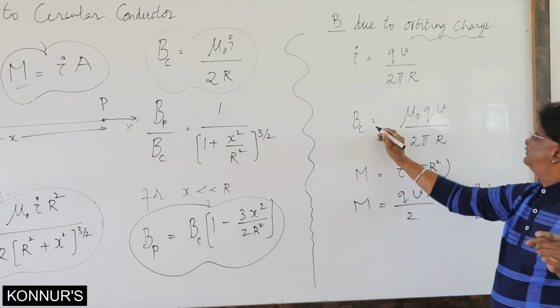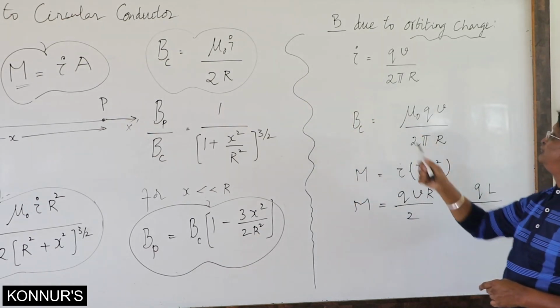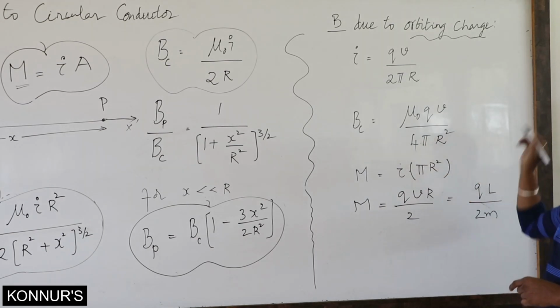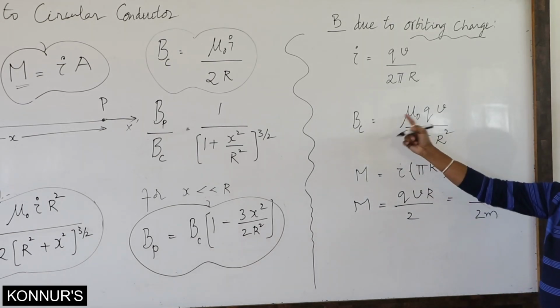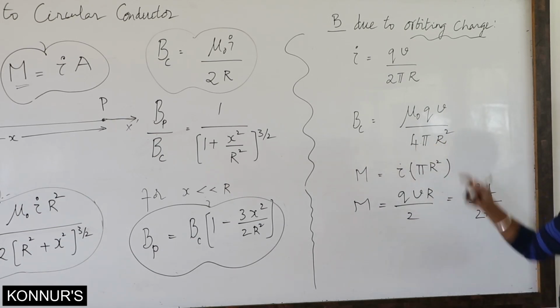So B at C is equal to the same expression, mu naught I by 2r, and therefore this becomes mu naught q v by 4 pi r square. This pi r square we can take as the area of cross section.